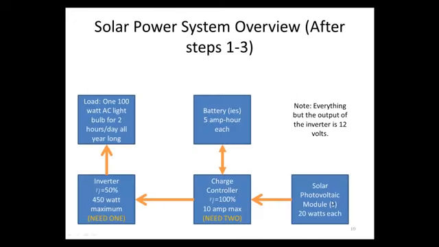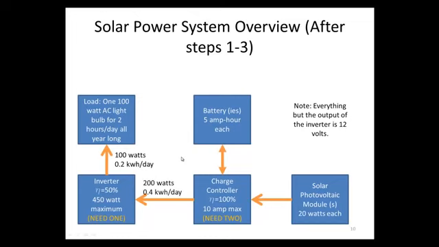Okay, so let's review a little bit what we've done so far. We found that we need 1 inverter and 2 charge controllers. We also found that going to the load is 100 watts when it's on, which is the power when the load is on, and the energy needed is 0.2 kilowatt hours per day.